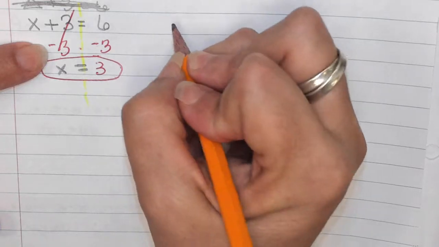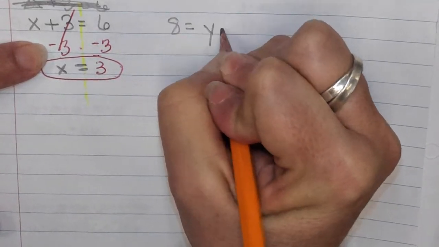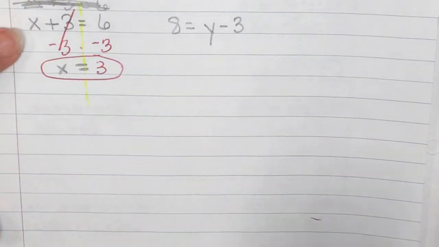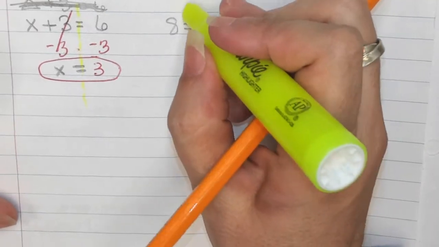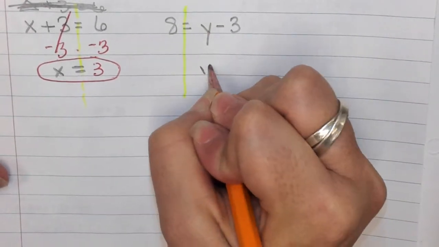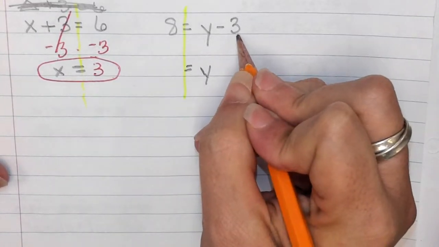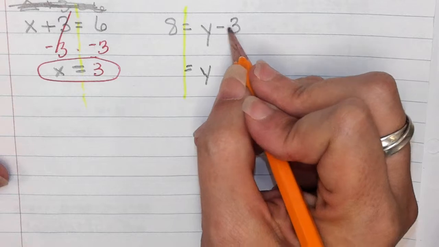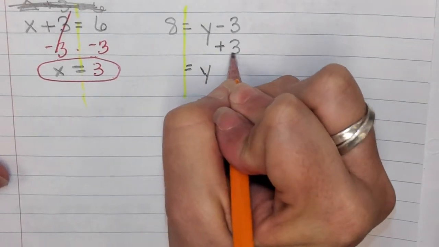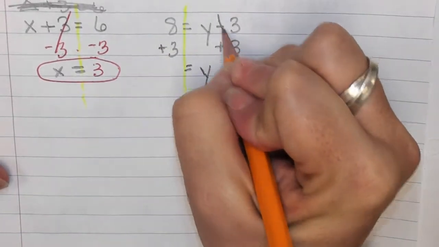Okay, so let's say you have 8 equals y minus 3. Okay, so you've got like this imaginary line right here. We're trying to get y by itself. What's with the y that we're trying to get rid of? Minus 3. What is the opposite of a minus 3? Plus 3. But what you do to one side, you got to do to the other.